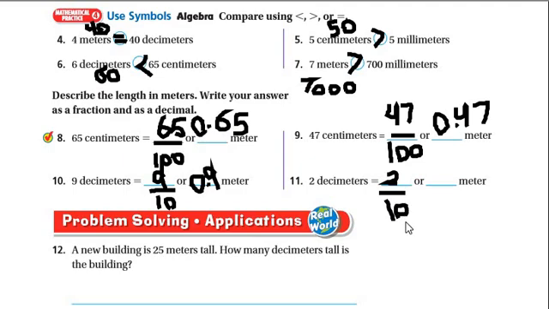This is the fraction form. Let's write the decimal form. I write the 2. This is my numerator. 1 zero here. 1 place to the left. 1 place, put your decimal point and put the 0 here.